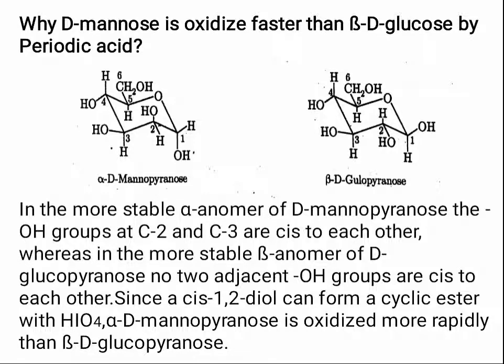Whereas in the more stable beta anomer of D-glucopyranose, no two adjacent OH groups are cis to each other. All these OH groups are trans to each other. Look, this one is equatorial up, this one is equatorial down, again this one is equatorial up, this one is equatorial down. That's why no two hydroxyl groups are cis to each other. Since a cis 1,2 diol can form a cyclic ester with periodic acid, alpha D mannopyranose is oxidized more rapidly than beta D glucopyranose.